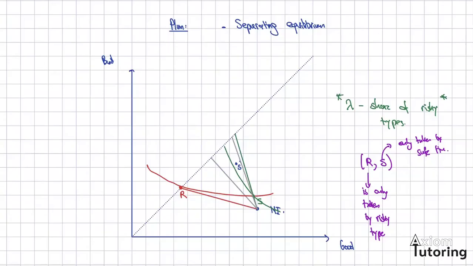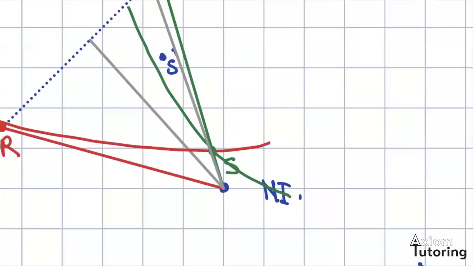Why don't I pick maybe some other point for the safe individual, here, for example? Imagine someone says, can I offer a slightly lesser point to the safe individuals? So not where there's an indifference between the risky type and the safe guys, but they get actuarially fair insurance, but even less insurance than they were before.